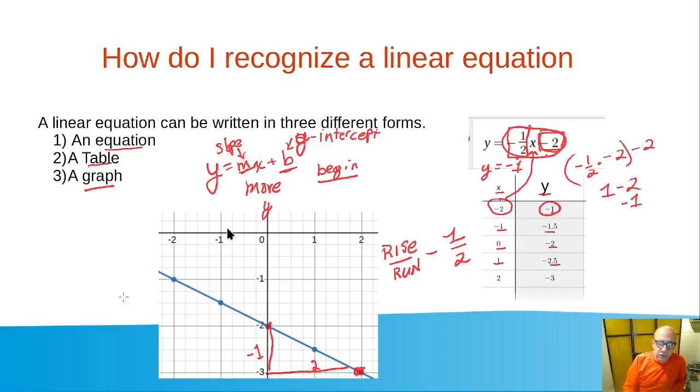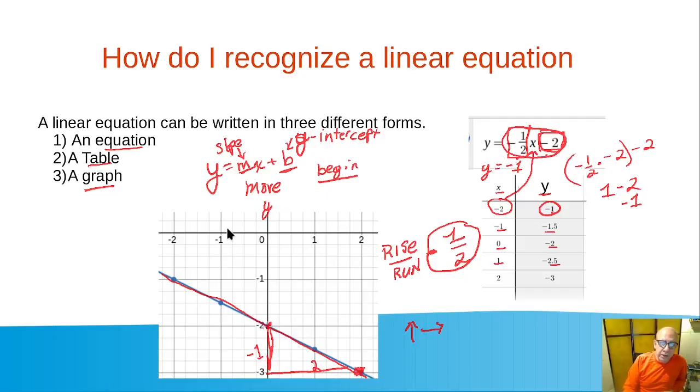So we can draw a straight line through those points. Now, the magic of the slope is that the rise and the run are always up and over, right? So you always go up and over. So if you have a negative, one of those is going to be the opposite. So instead of going up, I can go down 1 and over 2.